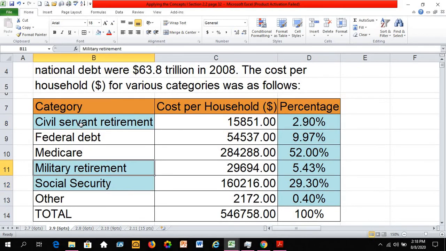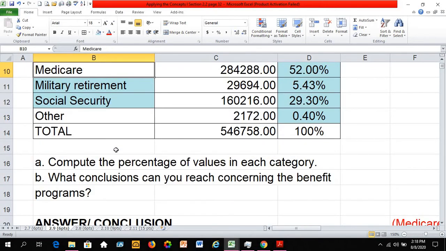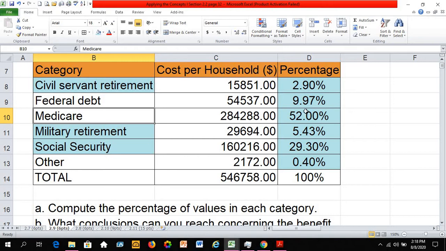Okay, so I'm gonna combine these three in my conclusion because they are all pertaining to retirement programs, even social security. All right, so Medicare is more than half or more than 50%.